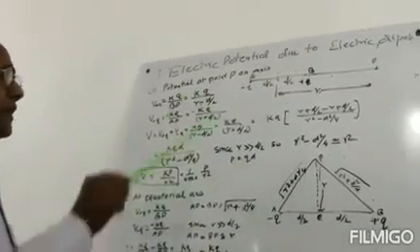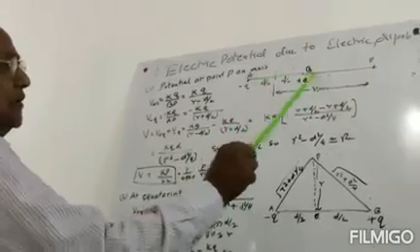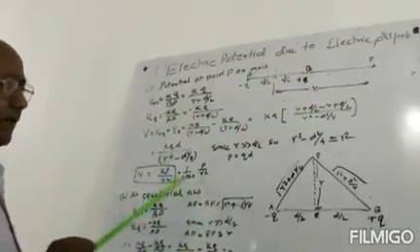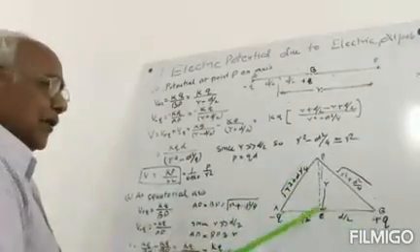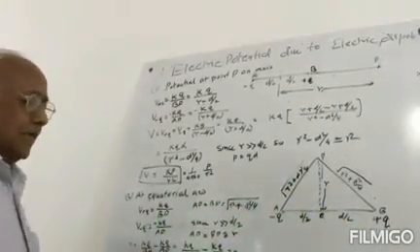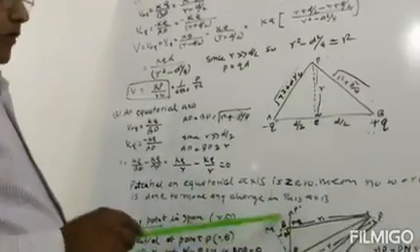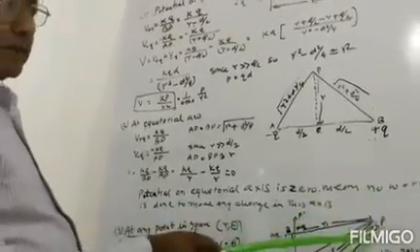Number one, on the axis, which is the line joining minus q and plus q, at any point here. Second, we will find the electrical potential due to this dipole at the equatorial plane. And third, we will find the electrical potential of this dipole at any point in space.